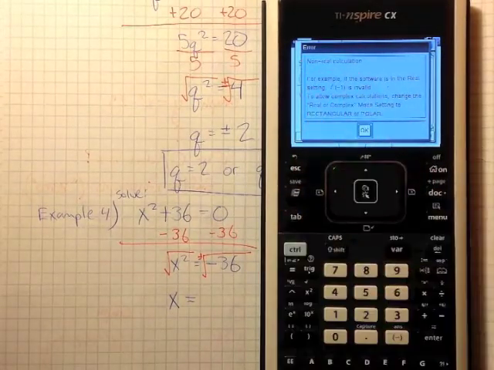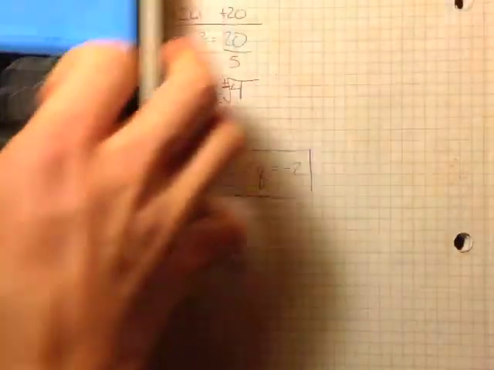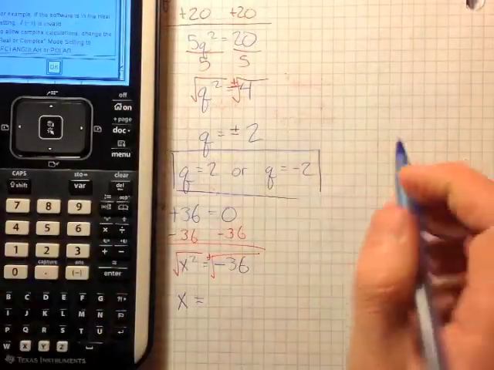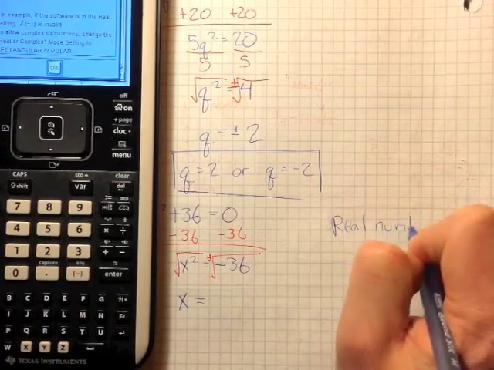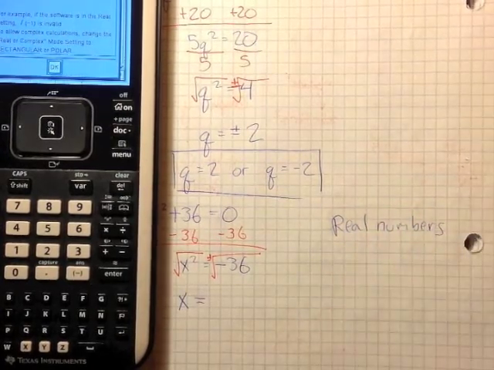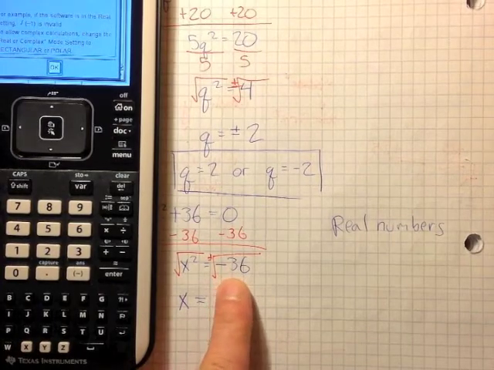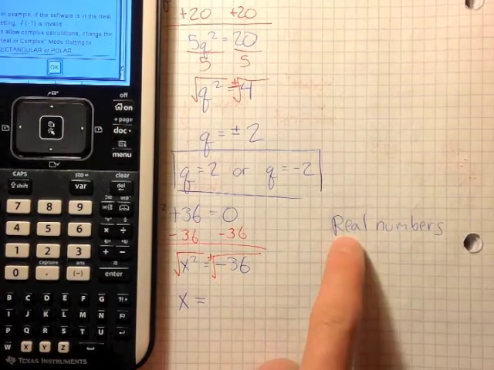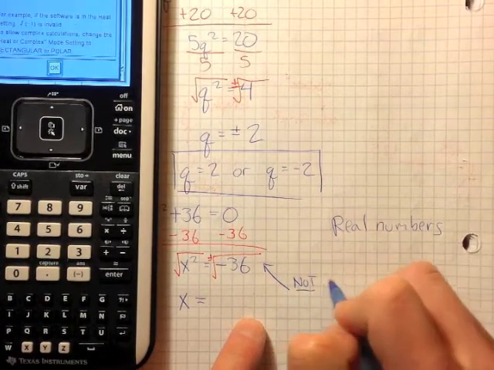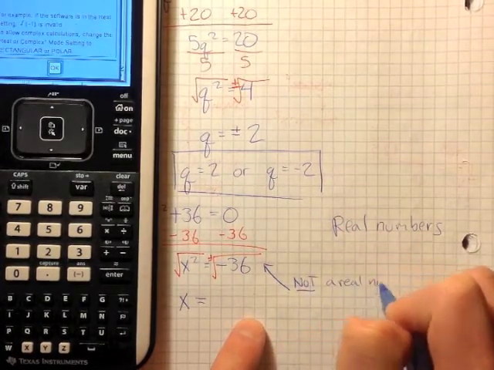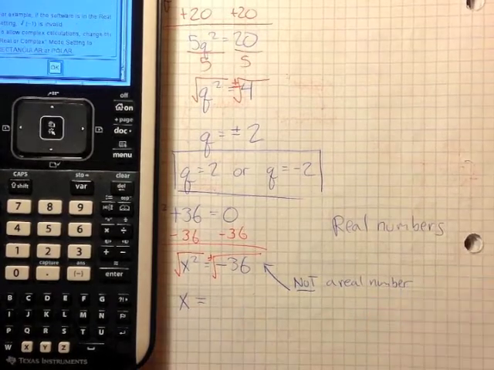Non-real calculation. So what we've just found here, remember at the very beginning of the school year, we talked about these things called real numbers? It turns out that the square root of negative 36 is not a real number. Not a real number. Isn't that kind of weird? If it's not real, what is it?